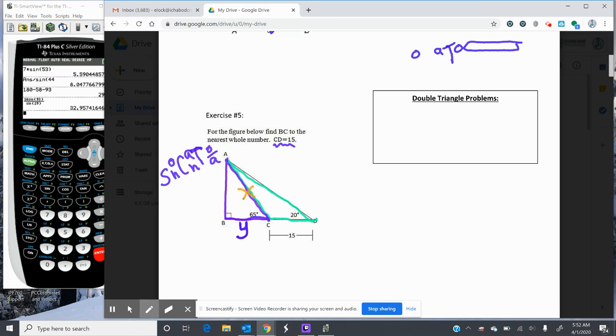So the steps to these double triangle problems is to first redraw the two triangles, so that they're separate from each other. Second step is to find all angles.